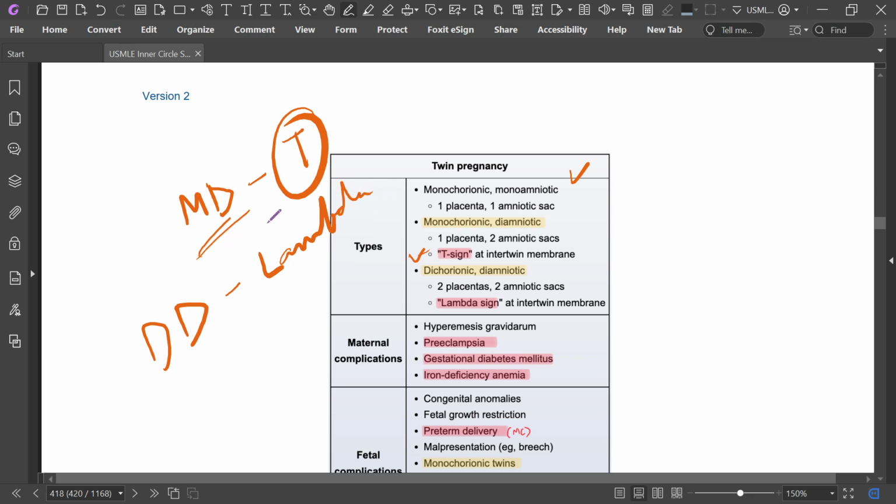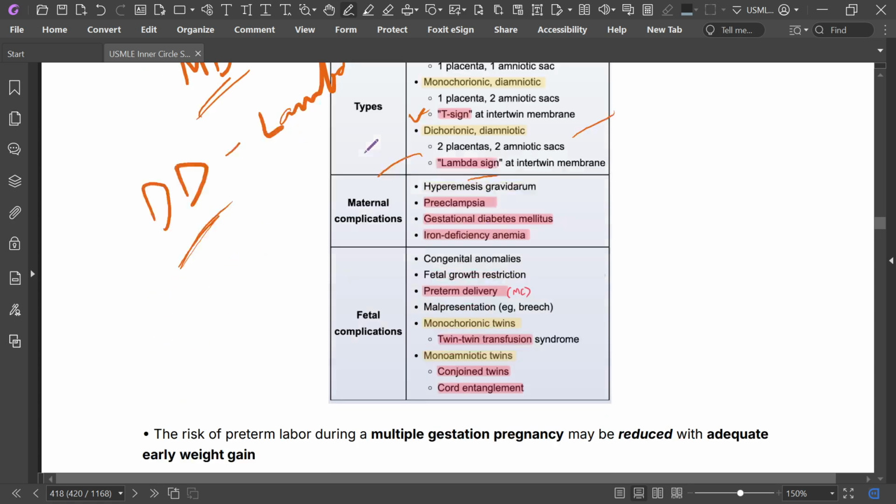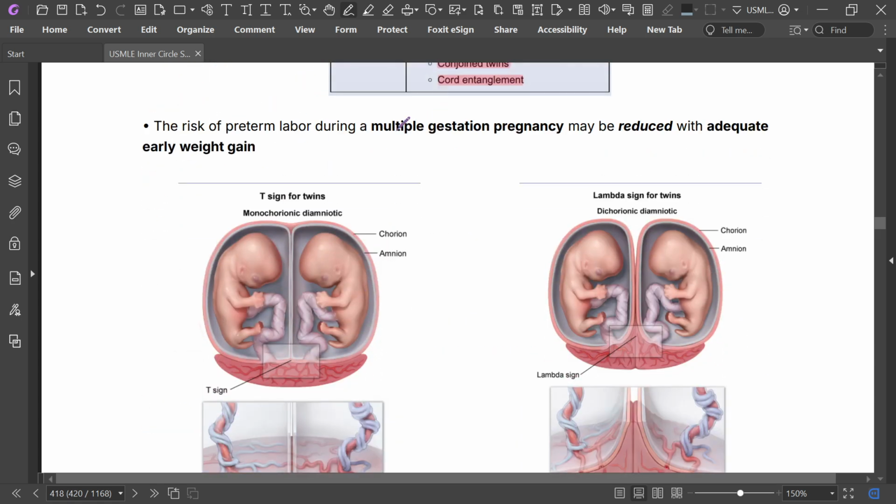So MD, T sign, and DD, like dichorionic, diamniotic, two placentas, two amniotic sacs, there is lambda sign at the intertwined membrane. First, see this. This is the twin sign, MD, monochorionic but diamniotic. One placenta, but two amniotic cavities, two amnions.